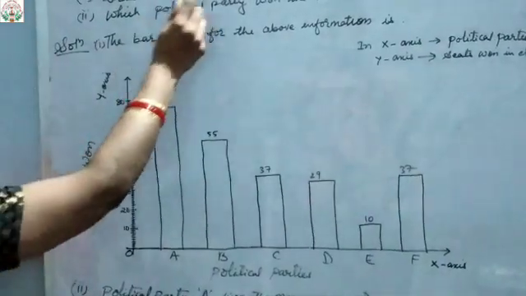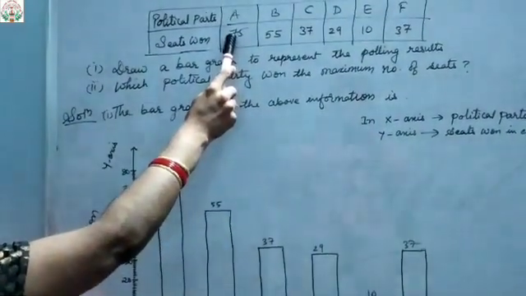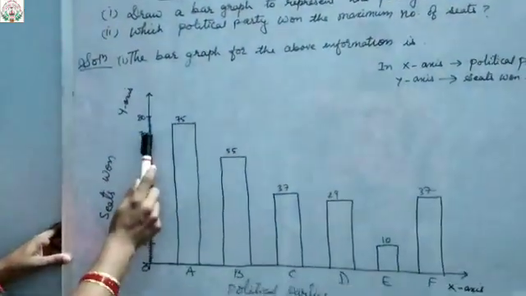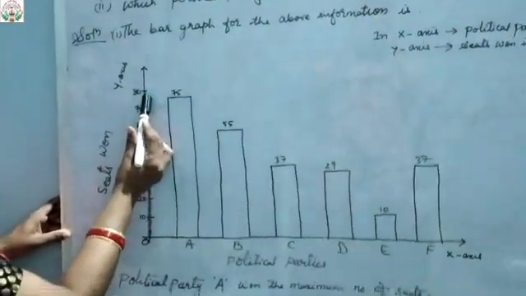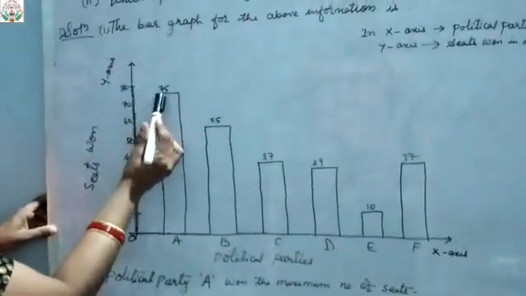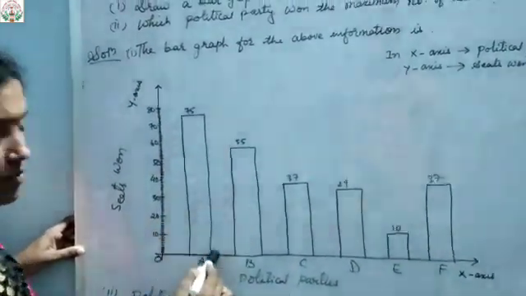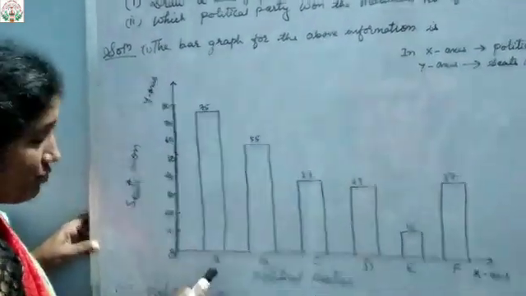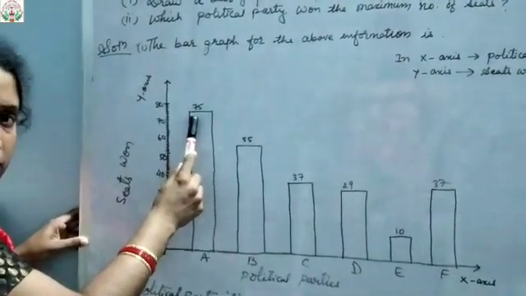Okay, so first, political party A has, what is it, seats won by political party A, that is 75. 75 means after 70, see the small lines, 1, 2, 3, 4, 5. So 5 means 75. So come in between and draw a rectangular box, which will give a bar graph for political party A, and on the top mark it as 75.